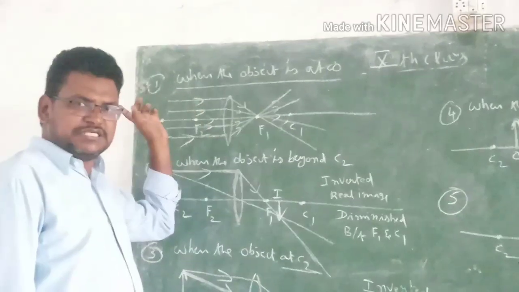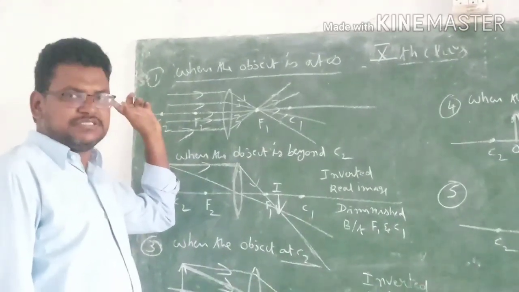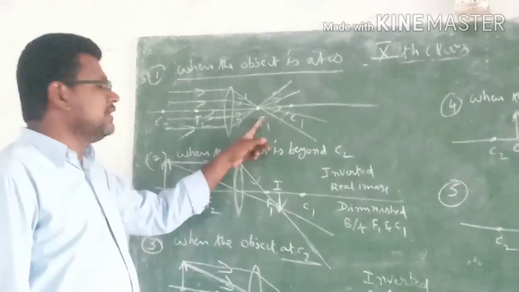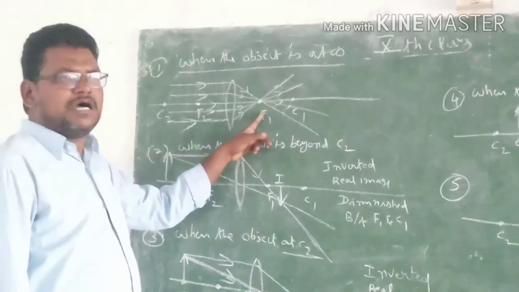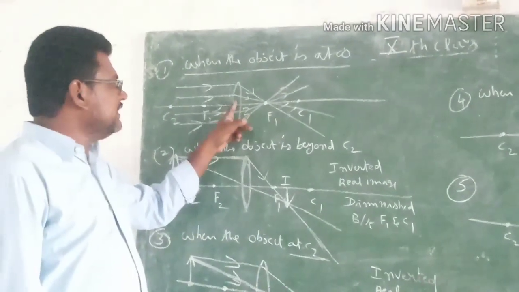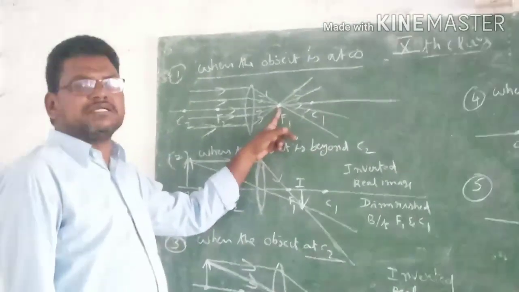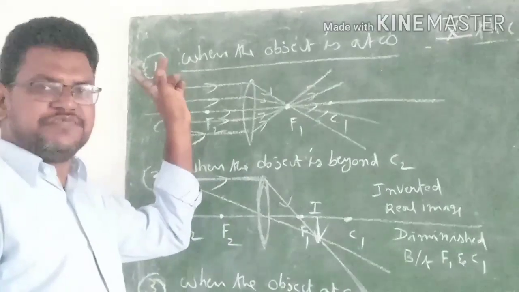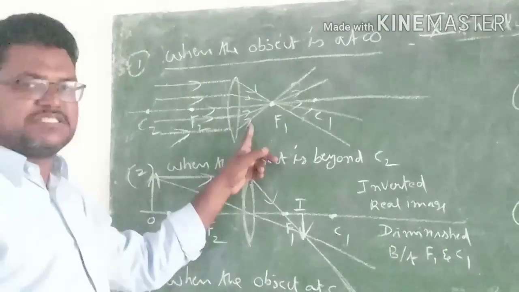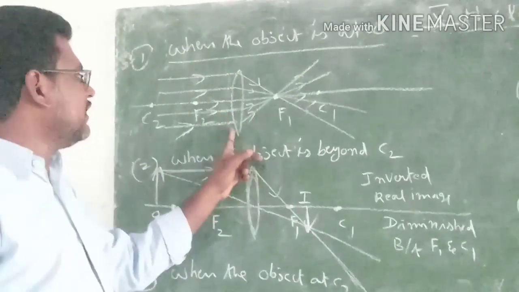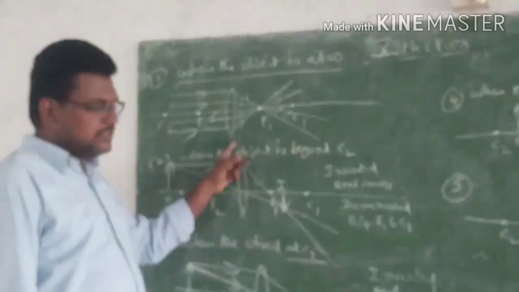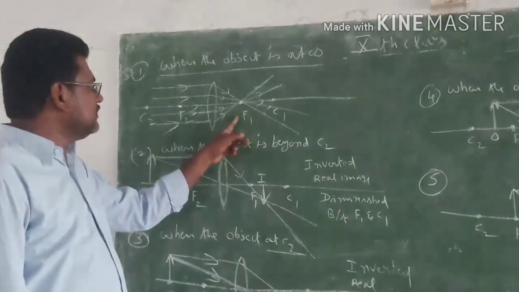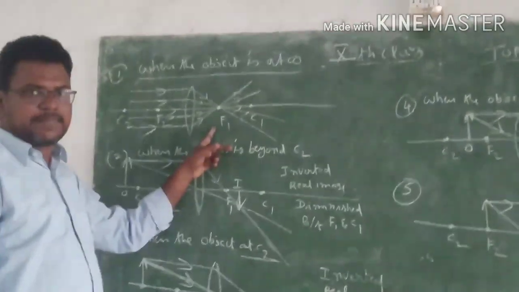When the object is at infinite distance, the convex lens forms its image at its focus, and we know the distance from lens to focus is called the focal length. That means when the object is at infinity, the image distance is equal to the focal length of the lens. So here the image distance and the focal length of the lens are the same.